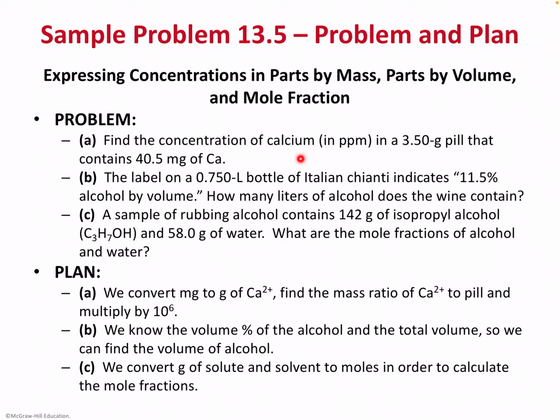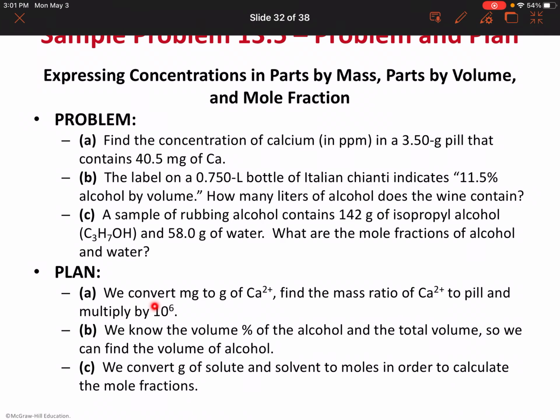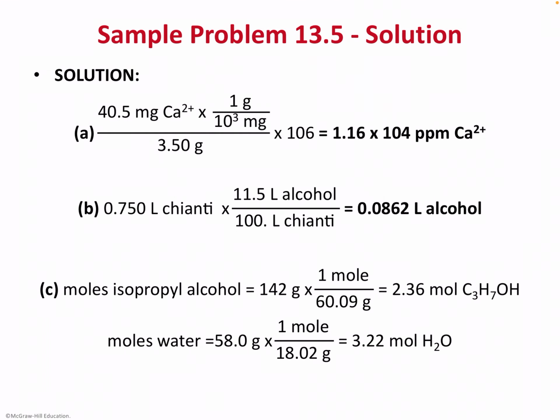Let's see how to do this one. First you need to convert milligrams to grams of calcium. This is given in milligrams, 40.5. Convert milligrams to grams, and then find the mass ratio of calcium to pill and multiply by 10 to the power 6. Let's see how that's done.